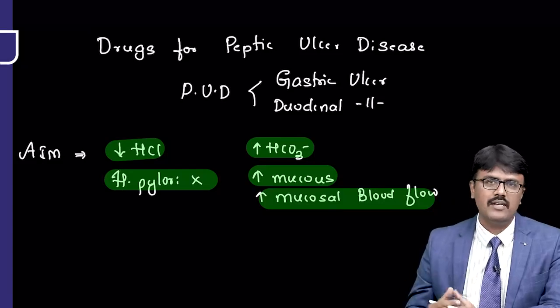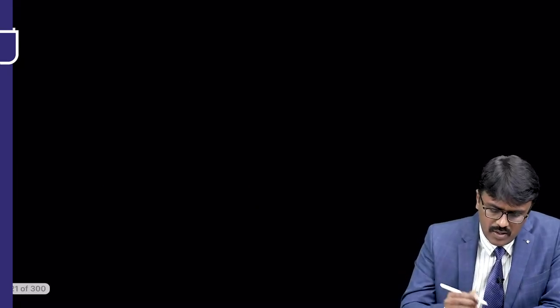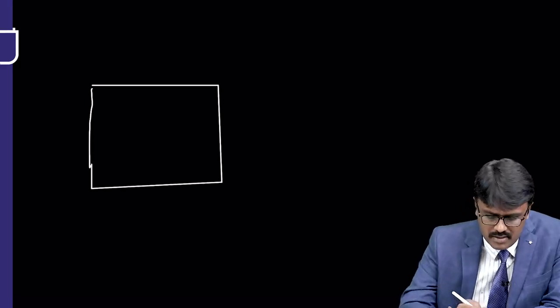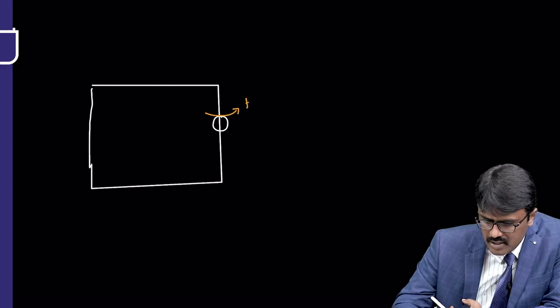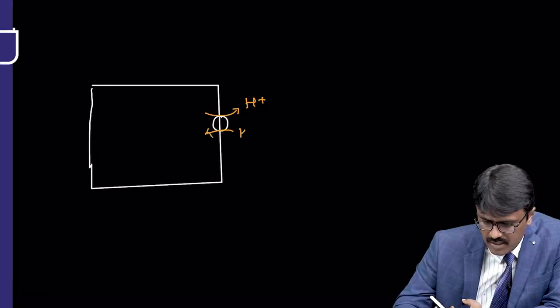Let us achieve our goal by discussing the drugs. How do we do that? We will correlate the pathophysiology of this. Now you should tell me, what is the cell which secretes HCl? We all know that the cell which secretes HCl is the parietal cell. Now this parietal cell has a pump, and the pump will throw out H plus, and it takes in potassium inside.